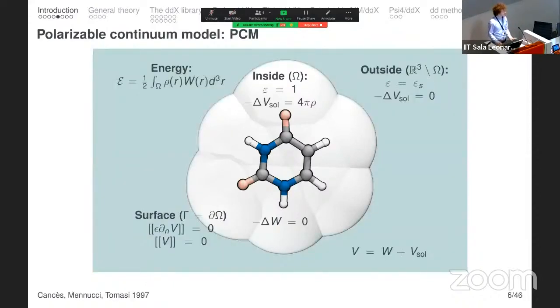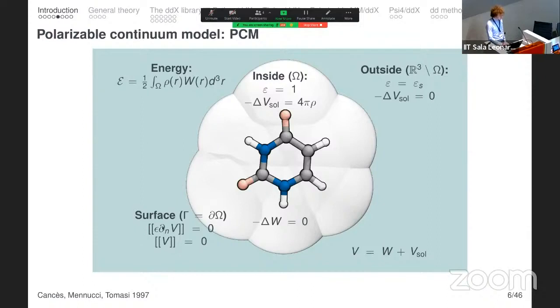Then we can relax the conditions a little bit. For instance, we allow for finite dielectric permittivity, and then we fall in the polarizable continuum model definition. Now the domain of the partial differential equation is the whole space. We have 0 conditions at infinity, and we have jump conditions because in a simple model, the dielectric constant instantly jumps from the outside value to the inside value.